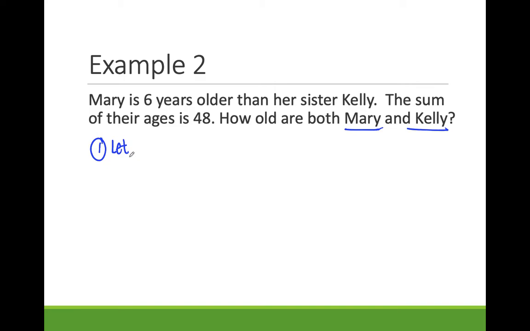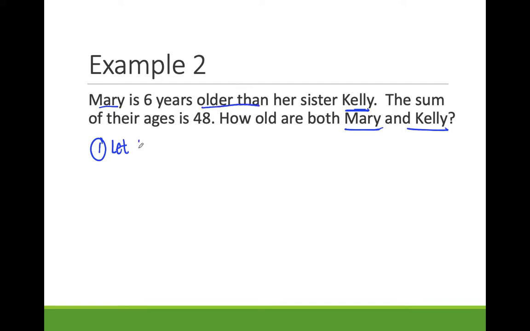So the first thing you want to do is figure out who we want the variable to represent. Since the problem is referring to Mary's age in terms of Kelly's age, saying Mary is 6 years older than Kelly, we would need to know Kelly's age first and then add 6 years to find Mary's age, since it says older than.